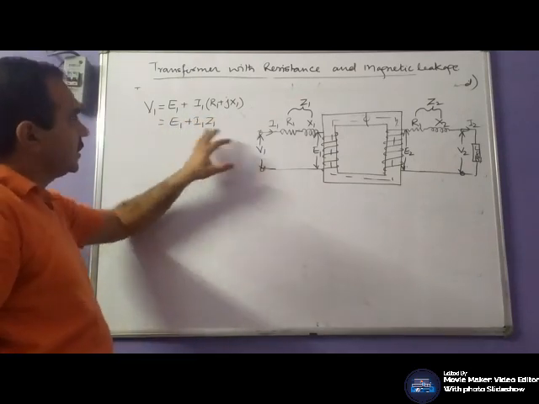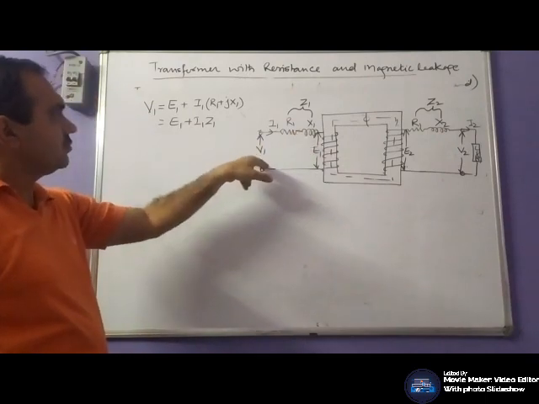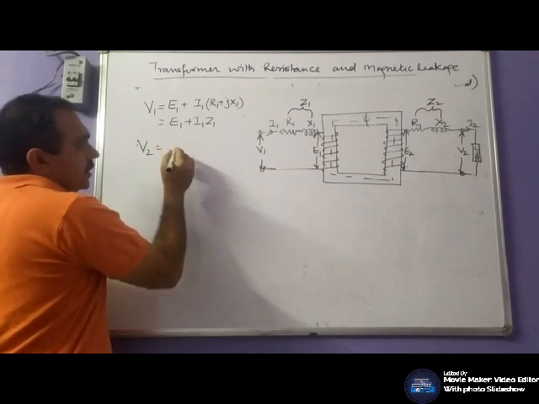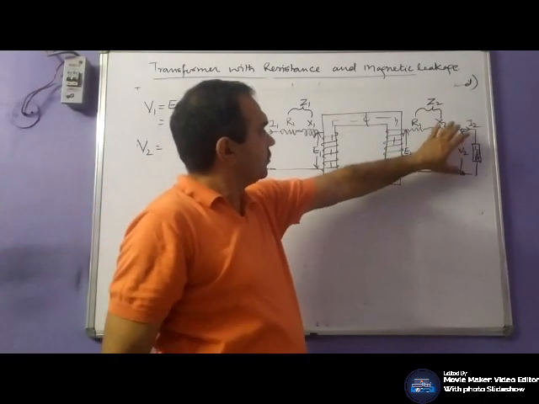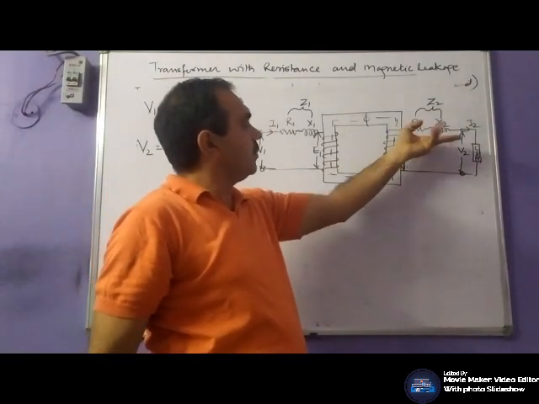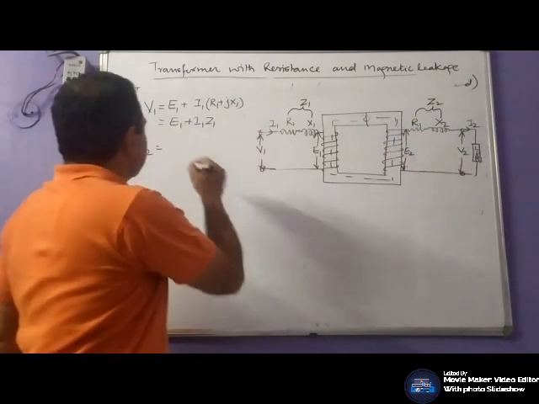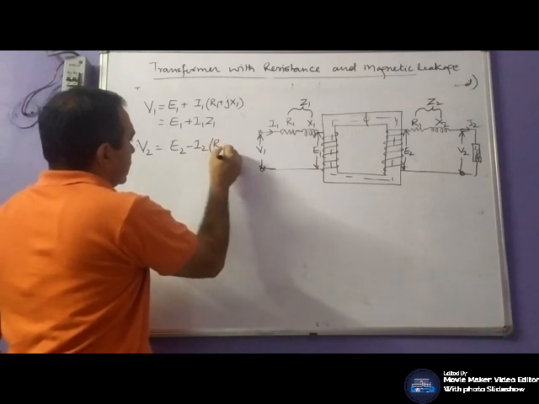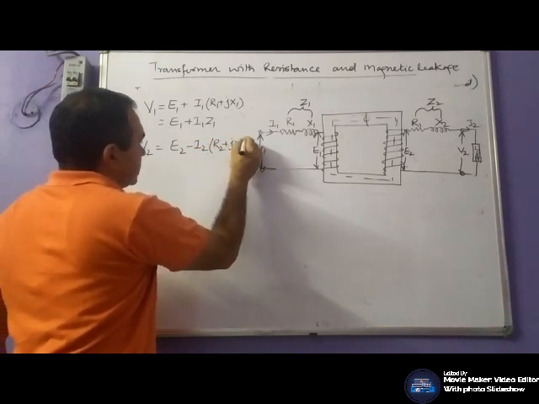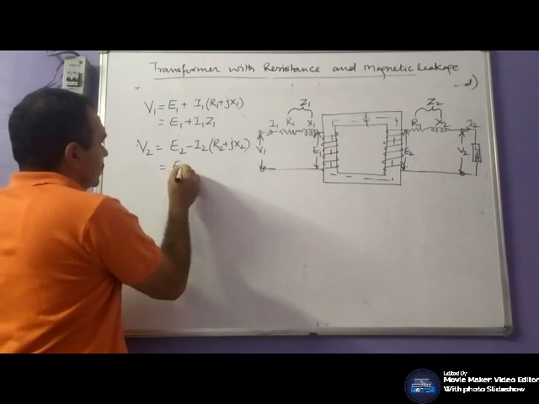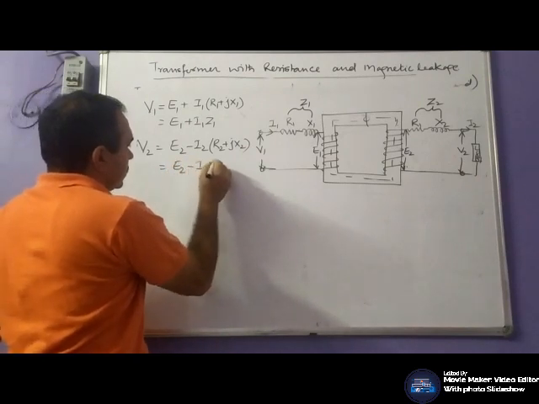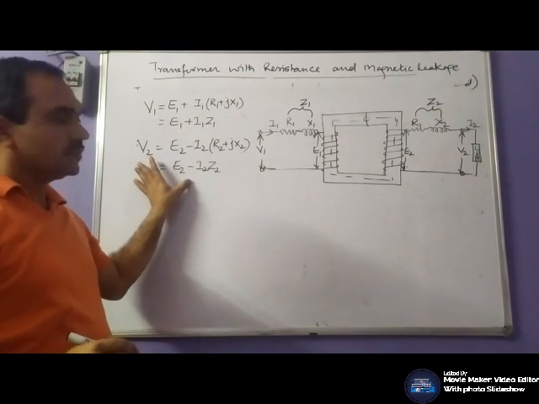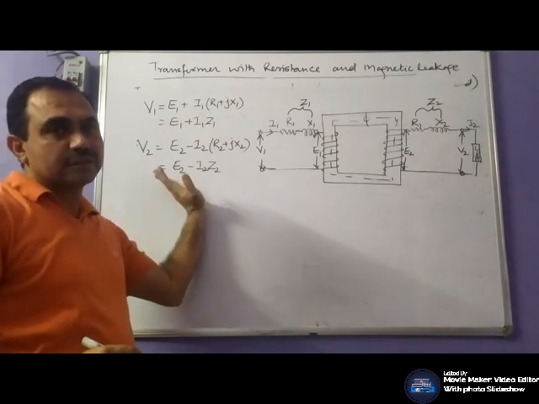Whereas V2 would be E2 minus I2 R2 plus jX2, so it will be this.